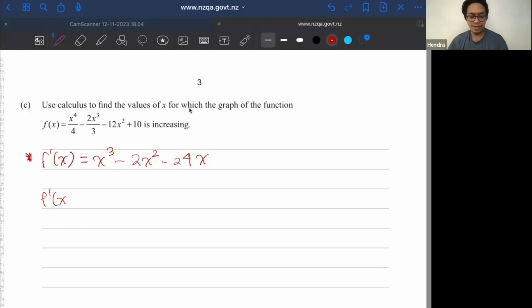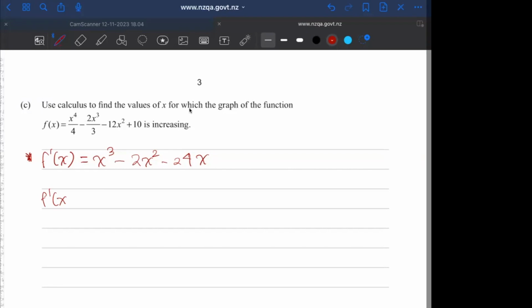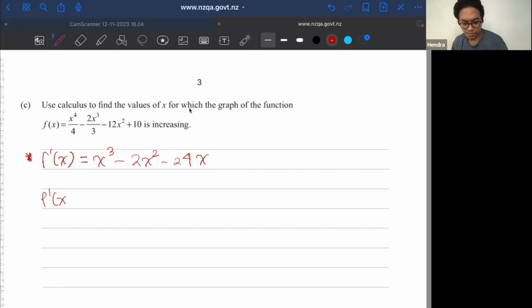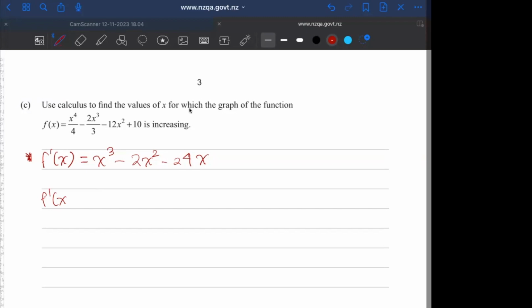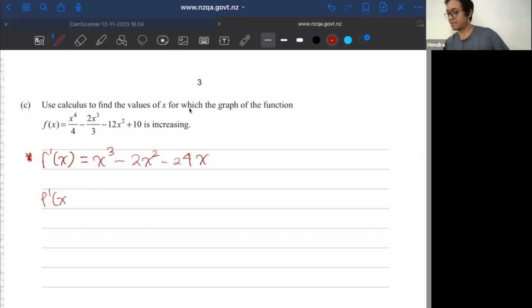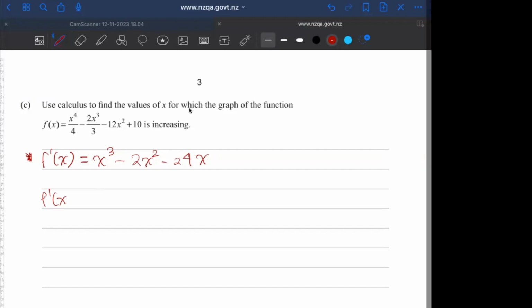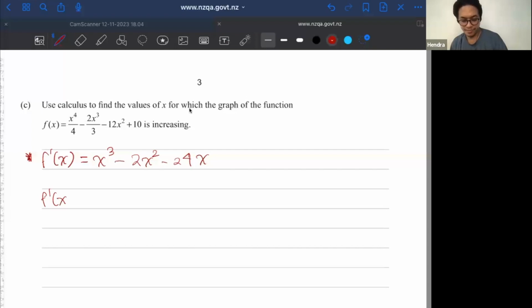Can you find the x when f prime is equal to 0? Give me one minute. My pencil's battery has run out. If it's f prime x, isn't everything just equal to 0? Yeah, everything is equal to 0.